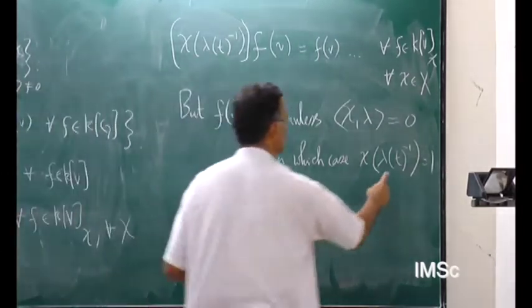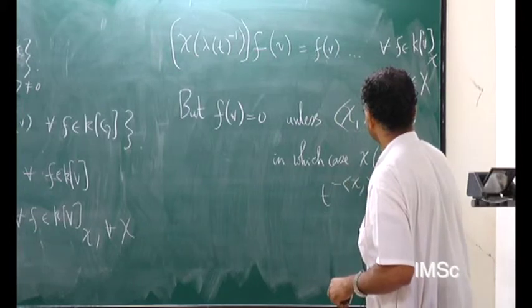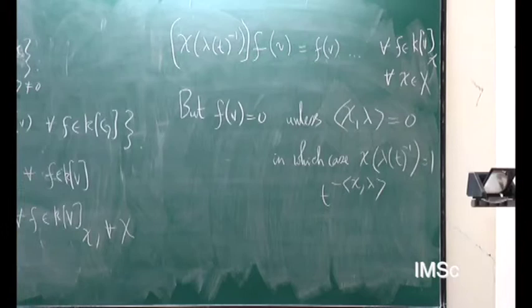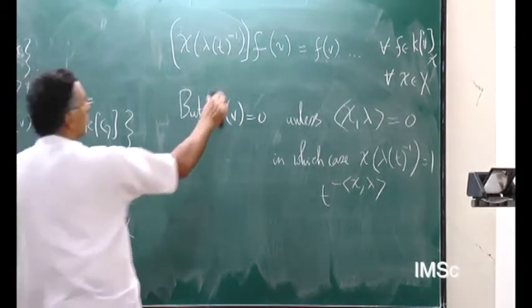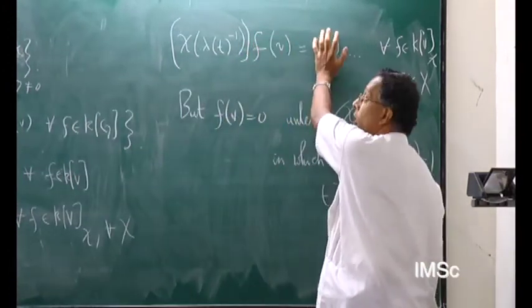What is this? This is t of minus chi lambda. Correct? So this is what we want to show. Either this is 0 or this is 1.